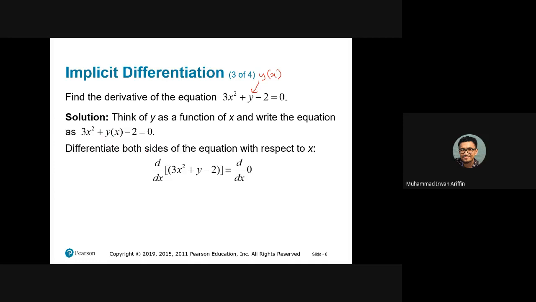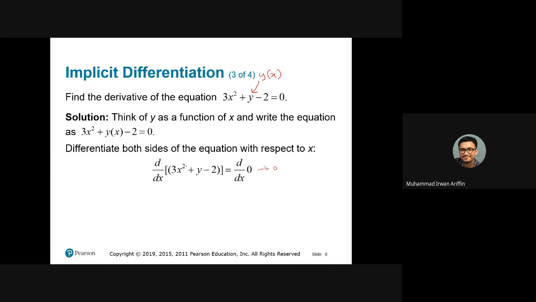The next step is to differentiate both sides of the equation with respect to x. So we do it for the left hand side and for the right hand side. The right hand side will be easy. This is 0, and d/dx of 0 is 0.